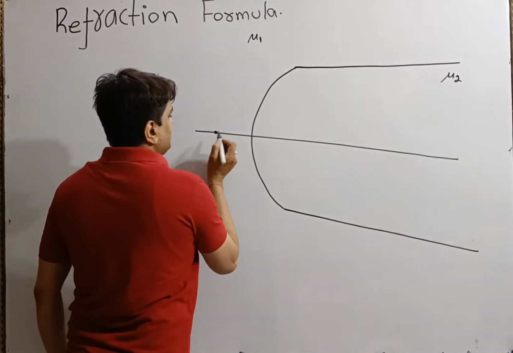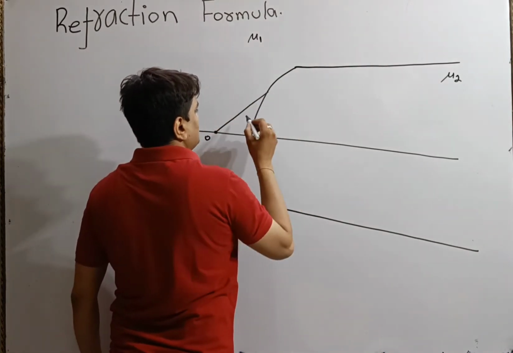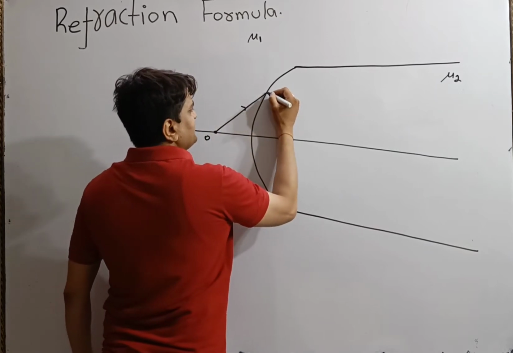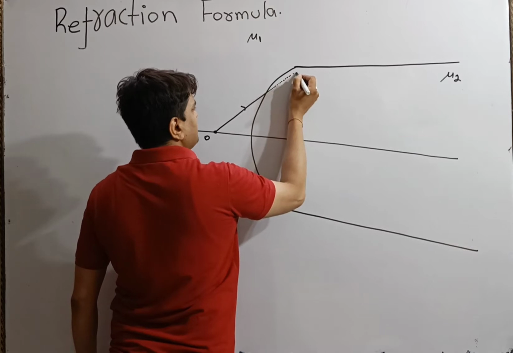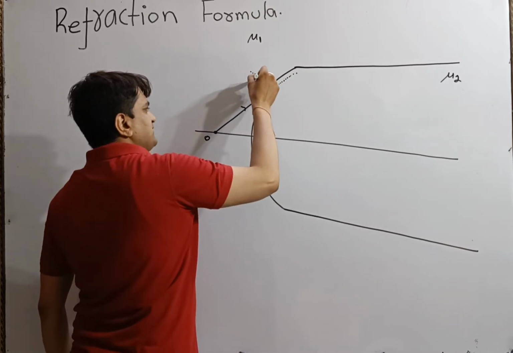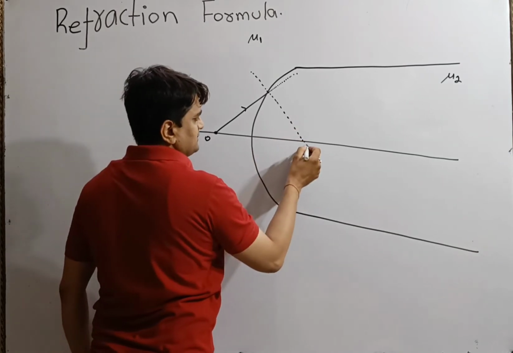Let the object be at point O and light falls on the surface. If there is no medium change, then light might have passed along this path, but as the medium is changing, it will bend towards the normal.